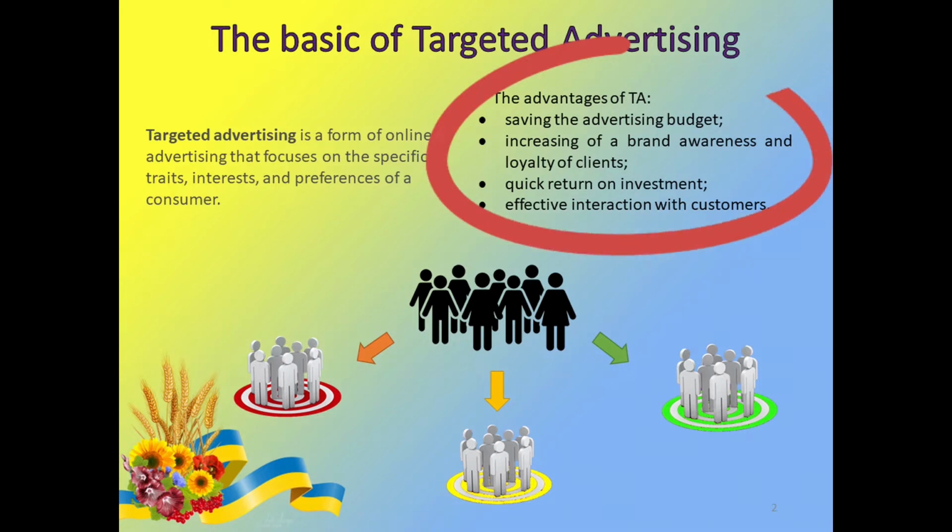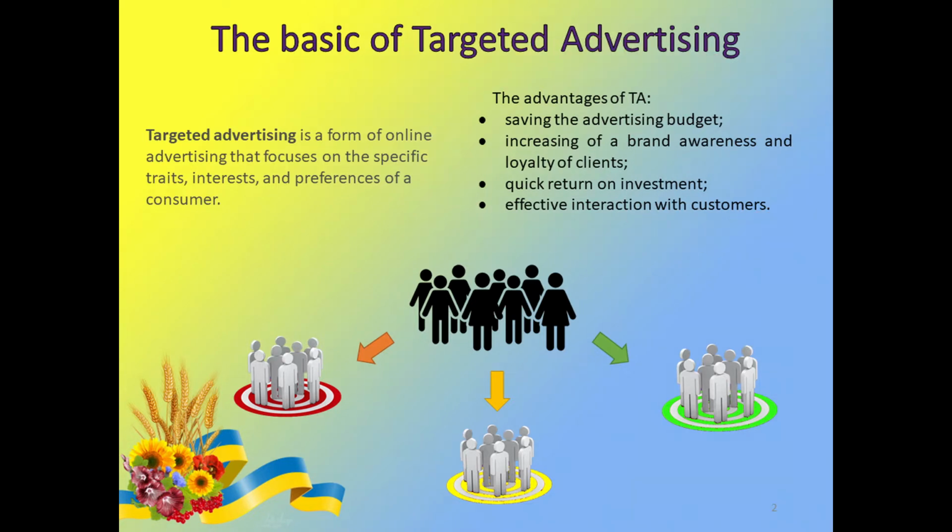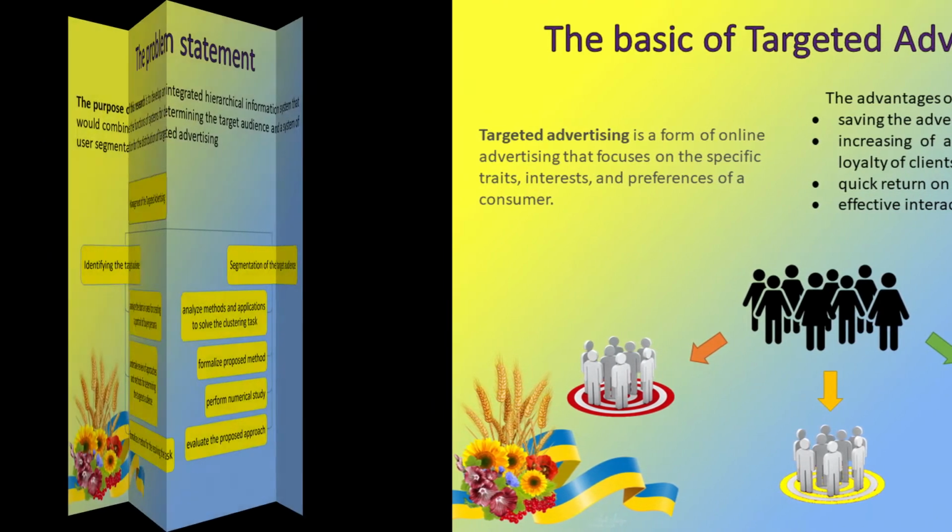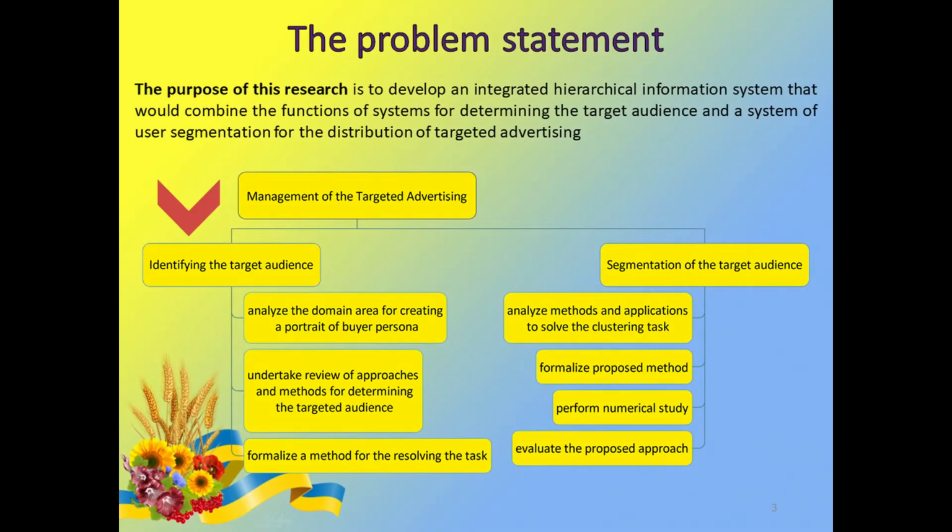The advantages of determining the target audience are obvious. However, to improve the effectiveness of an advertising campaign, manager can divide the target audience into segments based on the personal characteristics of the clients. So, the first task is to identify the target audience. It is a classification task since it divides customers into several predefined groups.